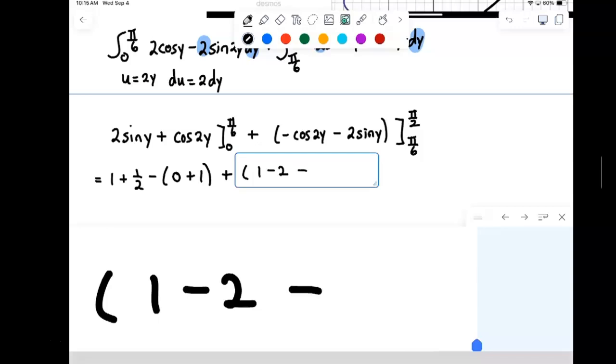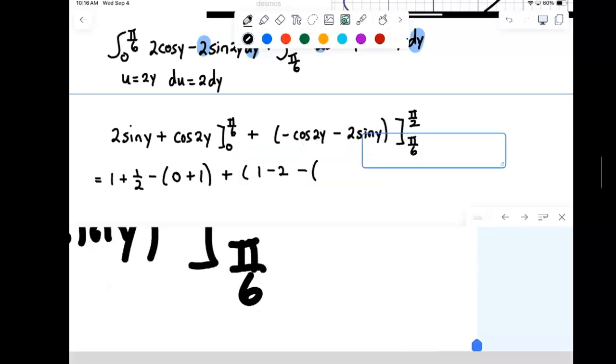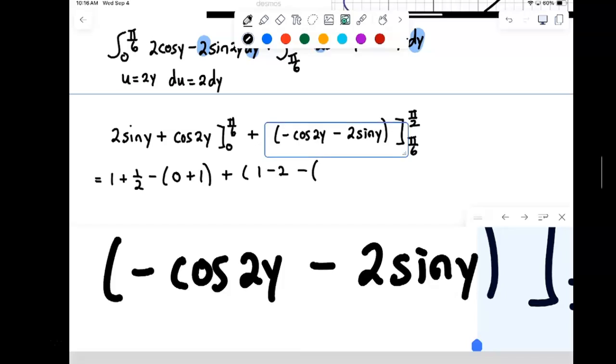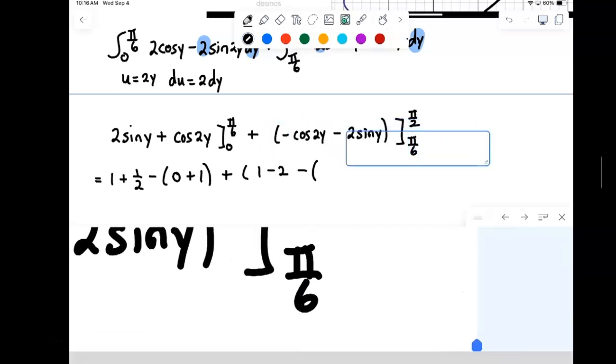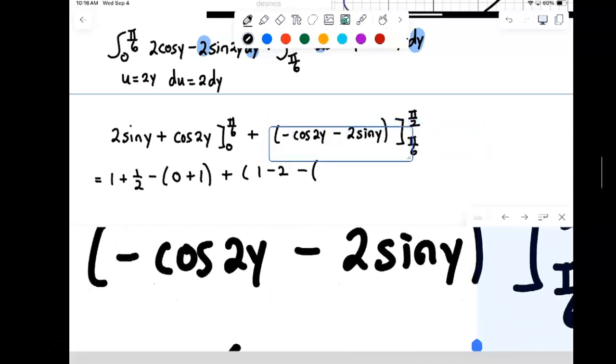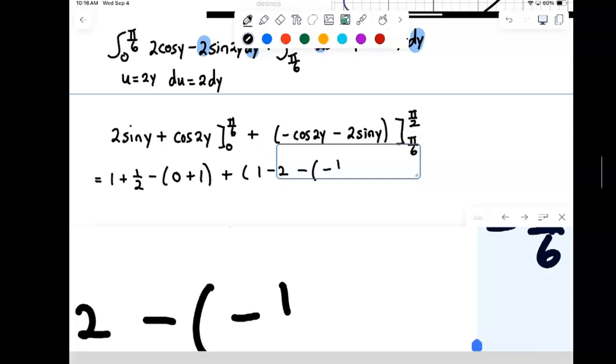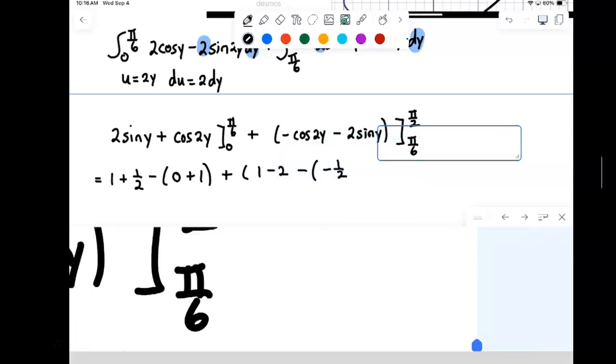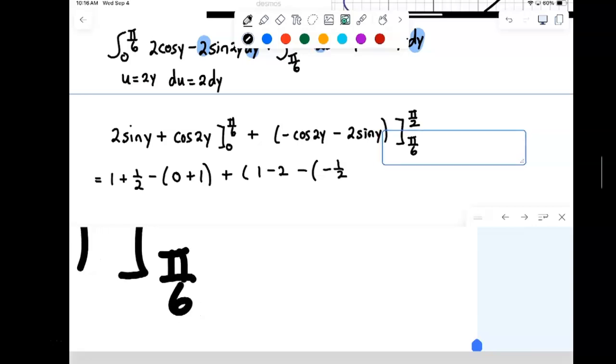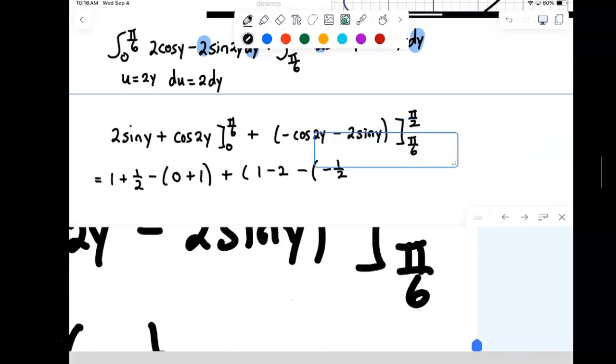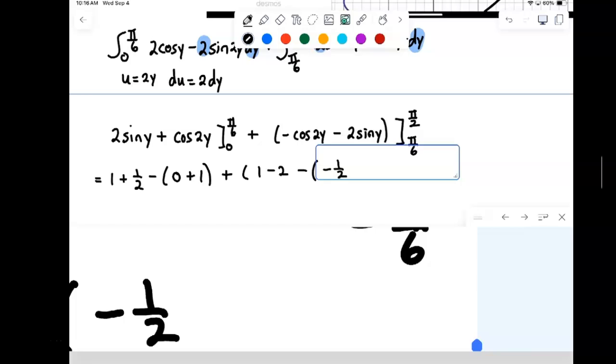And then that's minus the second part, plugging in our pi over 6. Cosine of 2 times pi over 6 will be pi over 3. That'll be 1/2 with a negative in front. And then finally, sine of pi over 6 is 1/2 times 2. That would actually be minus 1.